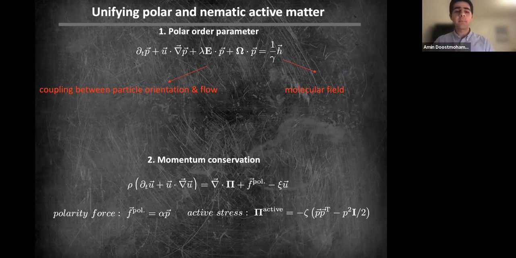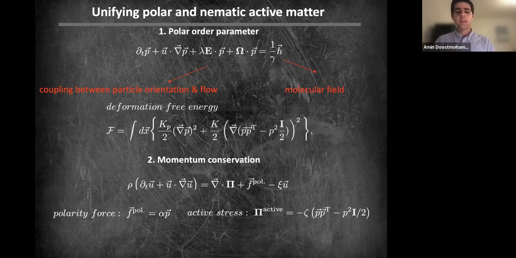So far, so fine. What we do then, in defining the free energy, is that the normal free energy for a polar system looks like this. So it's a gradient of polarity squared. This is like what you have in the Ising model, where you would want to penalize any misalignment of the spins with each other. And this is included in this polarity term.